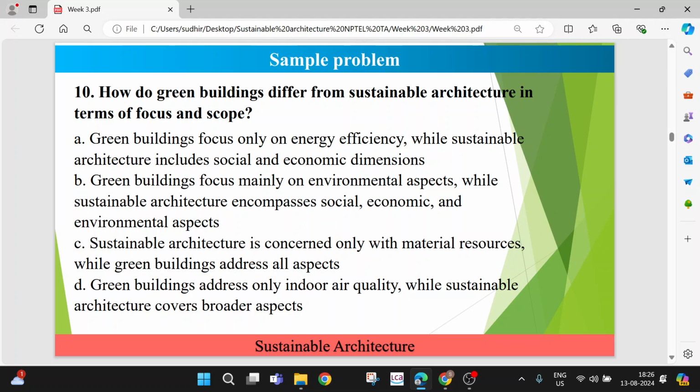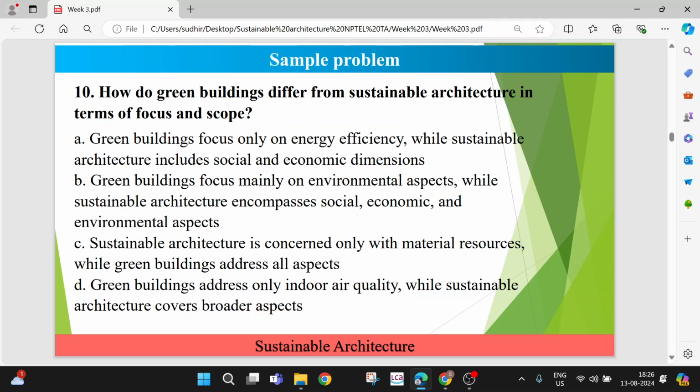Or the second option, green buildings mainly focus on the environmental aspects, while sustainable architecture encompasses social, economic, and environmental aspects, all three. And third, sustainable architecture is concerned only with material sources, while green buildings address all the aspects. So option C is absolutely wrong. Out of A and B, all of you are choosing option B, and B is the right answer.